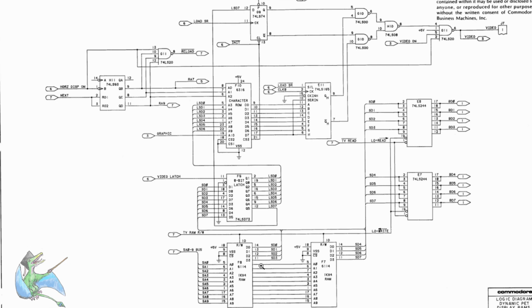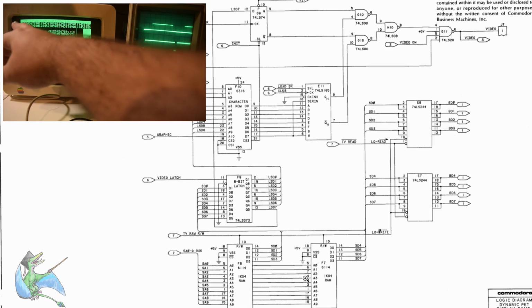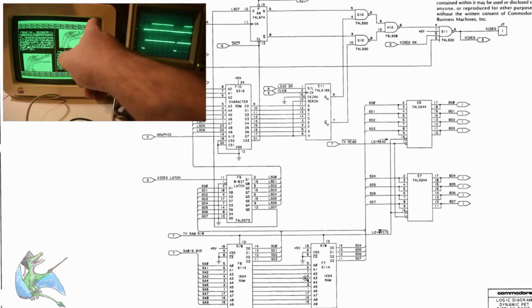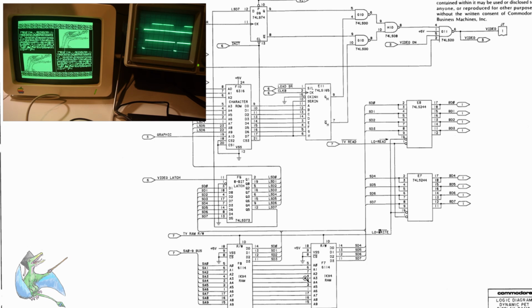So during the video cycle, this bus right here is fed with an address which is calculated by the video address circuitry. The video address circuitry is the thing that, for every cell on the screen, keeps track of what is the memory location associated with that.